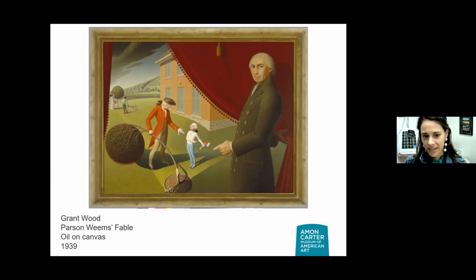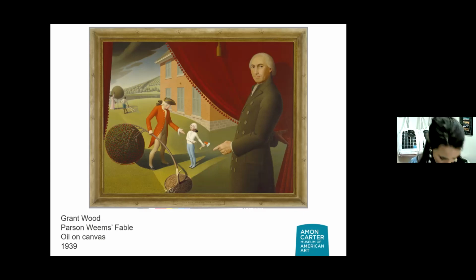So we know that this is a fable. Parson Weems, I think it was added into like the 6th or 7th edition of George Washington's biography. It was not in the first 5. But it's now a story that everybody knows, as part of the American tale of who George Washington was.